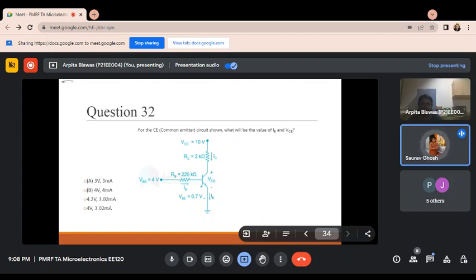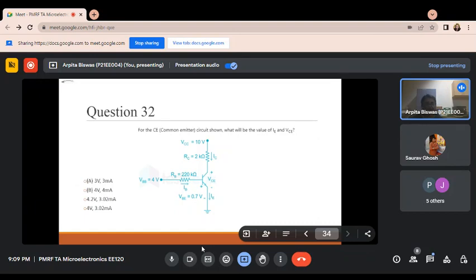Now if I put the value of VCE from the option, if I take the last one, VCE as 4 volt, so 4 minus 10.03, I will be getting minus 6.03. So the negative on both sides will get cancelled, so 6.03 divided by 2, I will be getting 3.015, which is approximately equal to 3.02. Yes, the right option is option D.